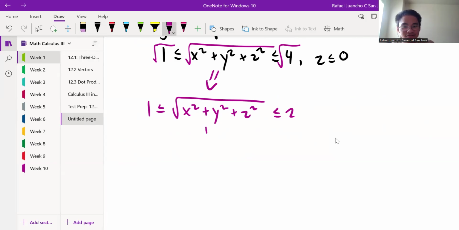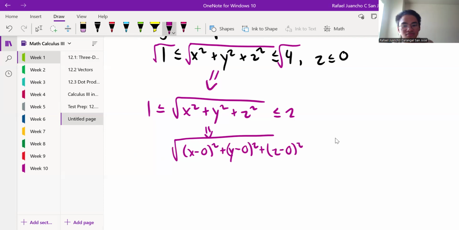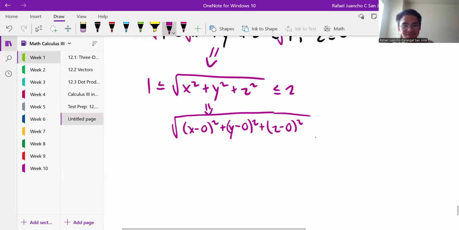So actually, funny enough, we can derive this even more. x minus 0, y minus 0, z minus 0. Now we have a center. Our center is 0, 0, 0.